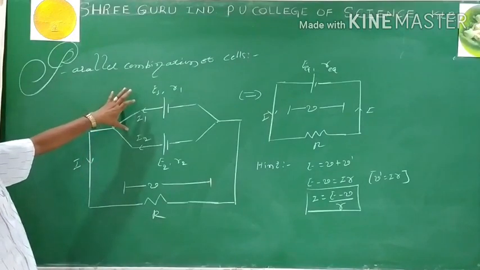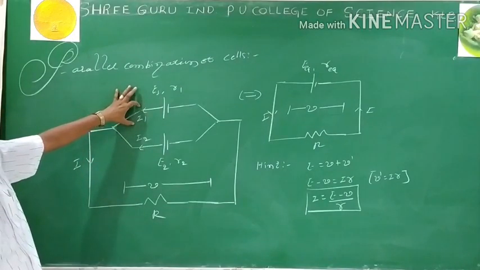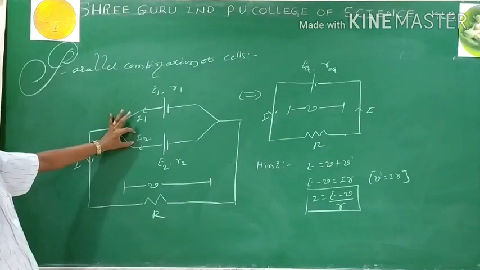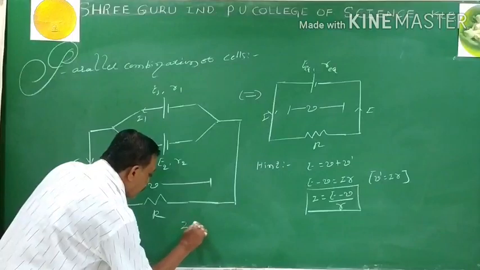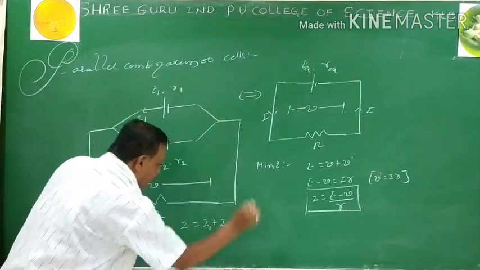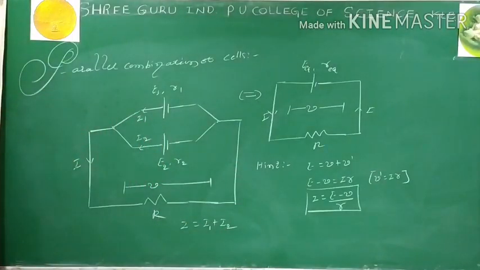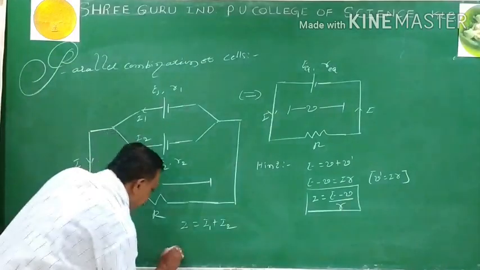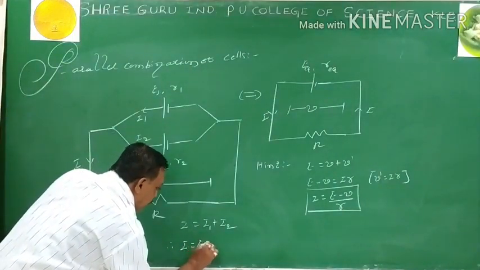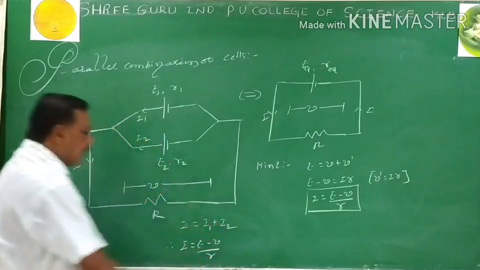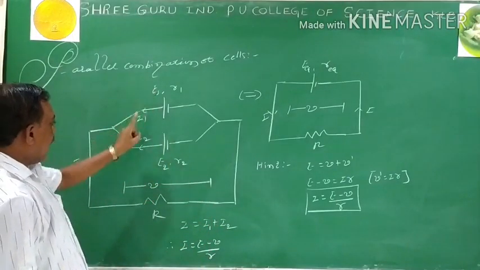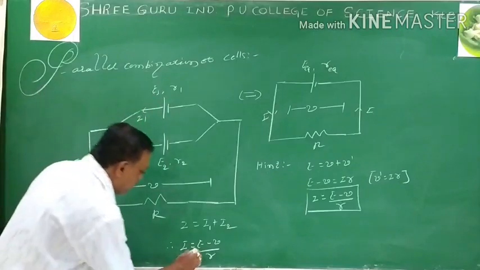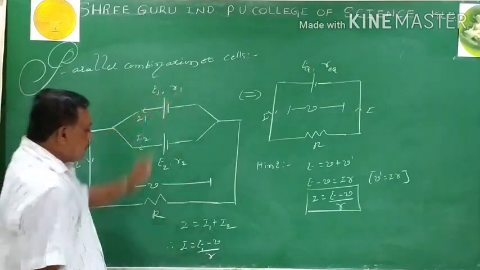That is nothing but the current obtained from the first cell is I1, the current obtained from the second cell is I2, then the total current in the circuit is I equals I1 plus I2. Then I substitute the value. Therefore, I equals E minus V divided by R. Then analyze it. I1 is from what? I1 is obtained from the cell E1. E1 has the internal resistance R1.